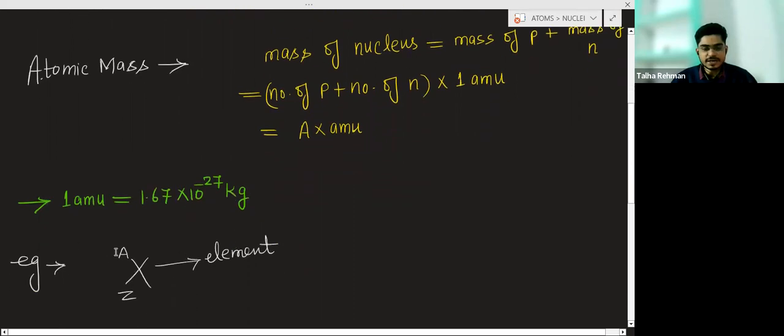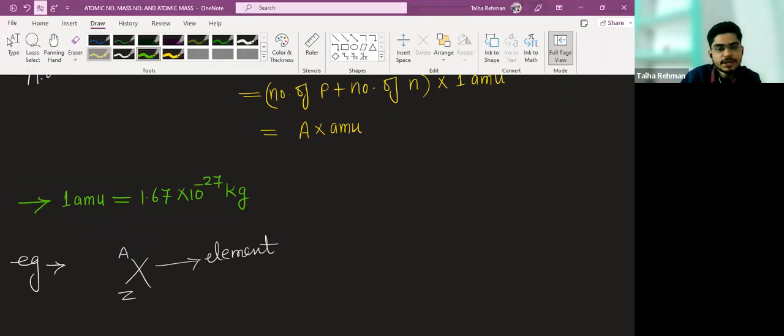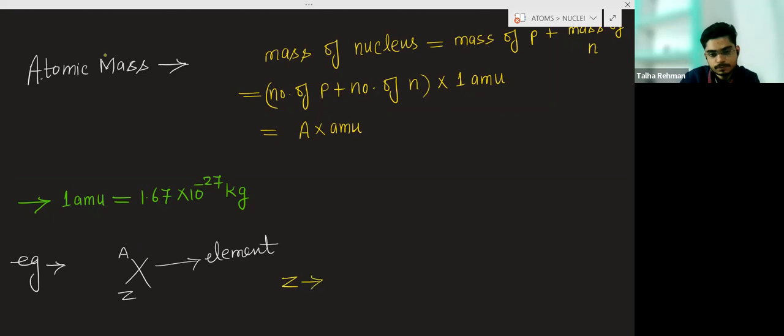For example, this is one element X, and for the element this thing is written. Here is Z, here is A. What is this Z representing? Z is representing the atomic number, and A is representing the mass number.